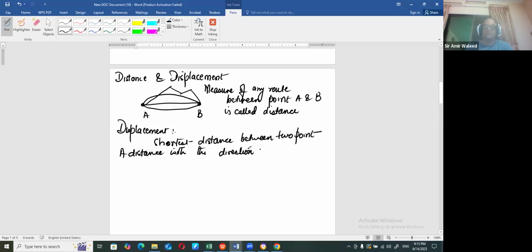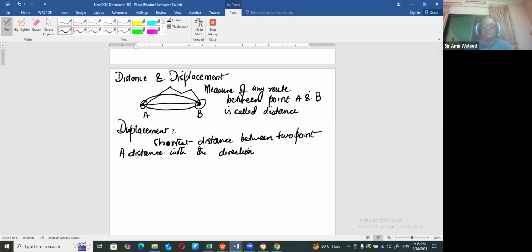So the major difference between distance and displacement is that in distance, the important things are the initial and the final destinations. You can take any route of your choice. Value or magnitude is important, but direction is not important. You can take any direction.